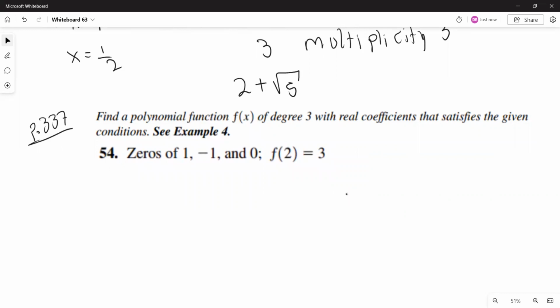So initially, I know that f of x is going to be some leading coefficient a times. The zeros are 1, -1, and 0. So that's going to be x minus 1, x plus 1, and x minus 0, which is simply x.